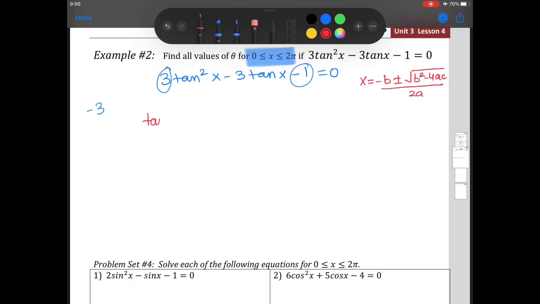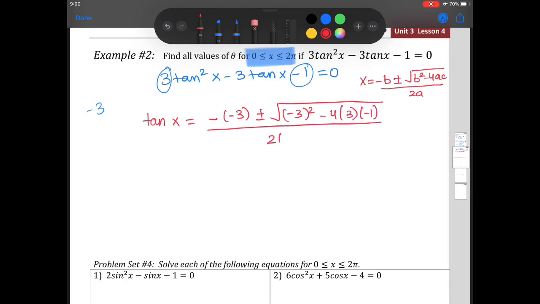So let's do this. Tangent x is equal to, your b is -3, so negative (-3) plus or minus the square root of (-3) squared minus 4 times 3 times -1, over 2 times 3, right?